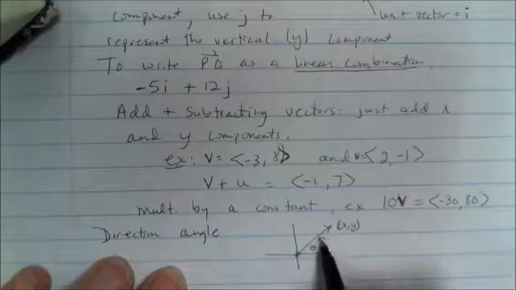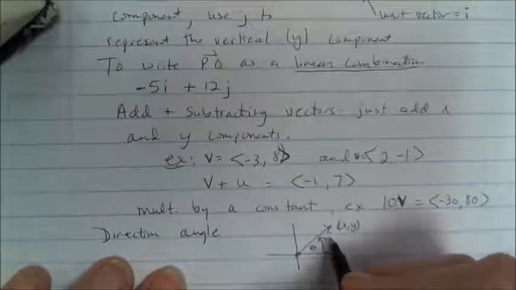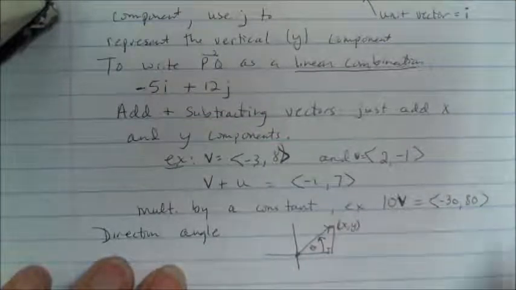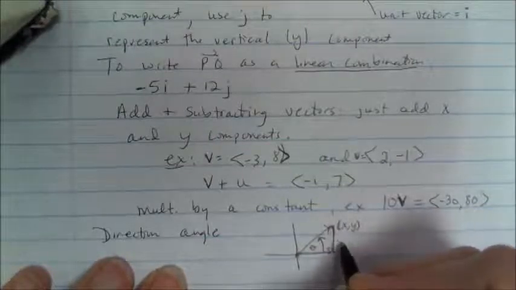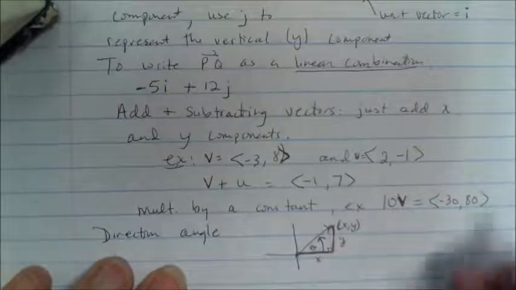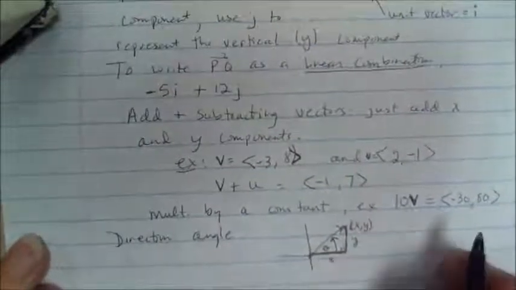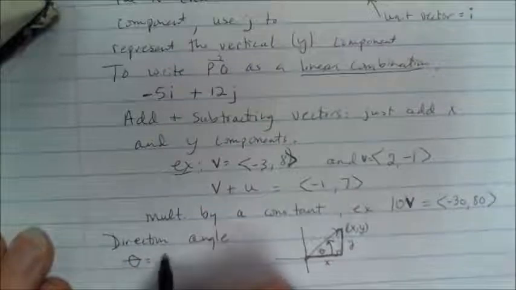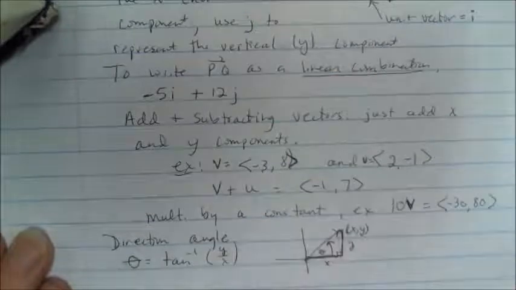If you want to find this angle right here, you can just drop a perpendicular down to the x-axis. The height of this right triangle that's just been created is y, the base of this is x. And so if I want to find this, I just use tangent. The tangent of theta is y over x. So this direction theta is equal to the inverse tangent of y over x.